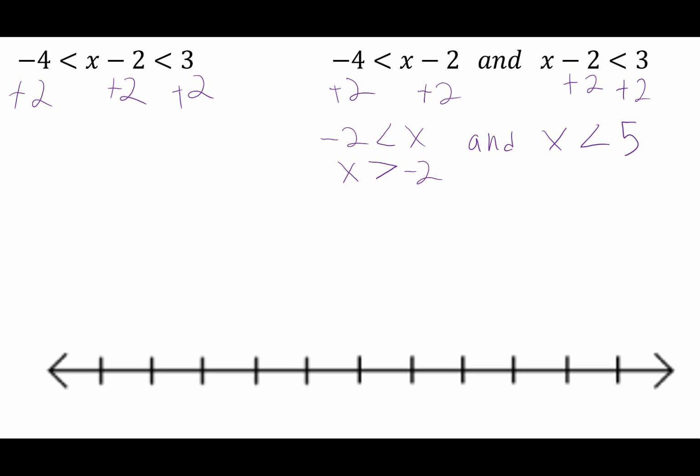And then I did the same thing with the other side, so we still get -2 is less than x, which is less than 5. Those are saying the same thing, right? I got -2 is less than x, and x is less than 5. All right, so on our number line, what is this going to look like?